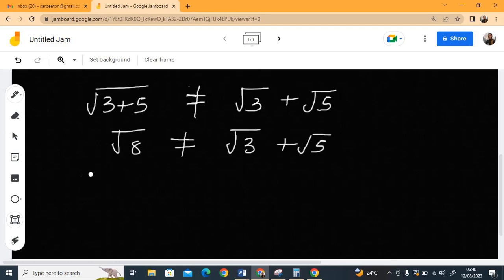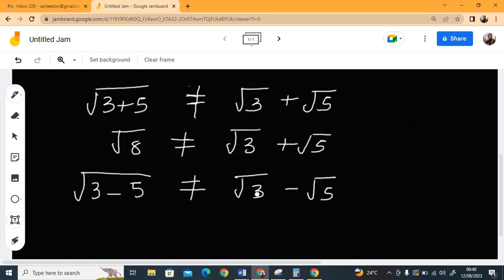The same thing applies for minus. Root of 3 minus 5 is not the same thing as root 3 minus root 5, because they don't have the same value.